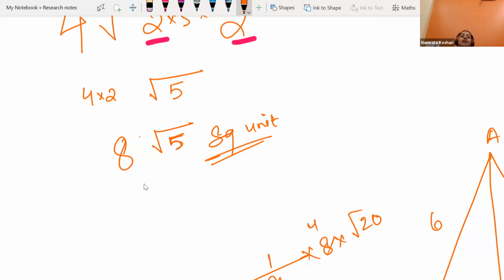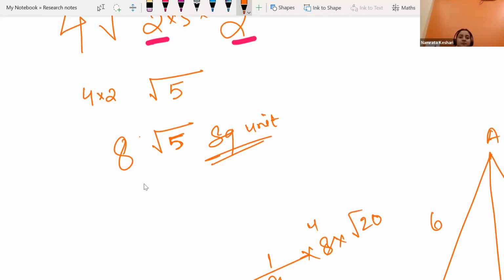You can use Heron's formula or the older formula. If you are talking about the same triangle, your answer will be same. Any formula, but for our convenience we will be using Heron's formula when all the three sides are known, and the older one we will be using when the height is given.